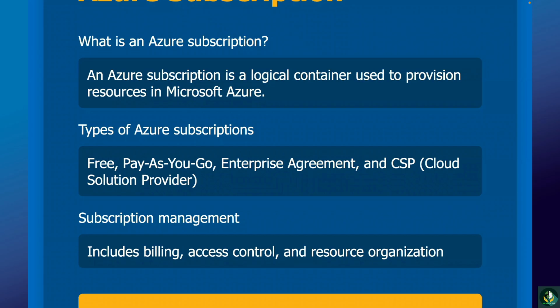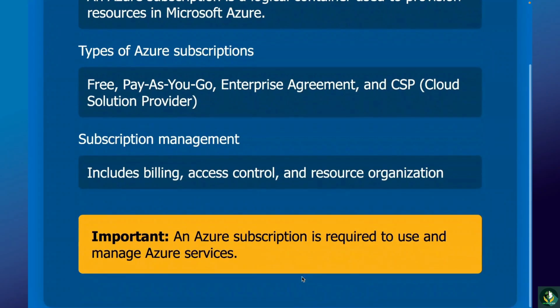And resource organization. Subscriptions help in logically organizing resources for better management and cost tracking. And now you know that an Azure subscription is required to use and manage Azure services. Without a subscription, it's not possible to create or use Azure resources.